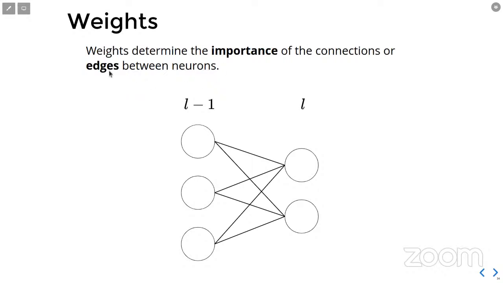So when I say this, I am talking about it from a graph theory kind of view, right? Where the edge is typically the edge between two nodes in a graph. So if you look at it that way, then the weights represent the importance of a connection.